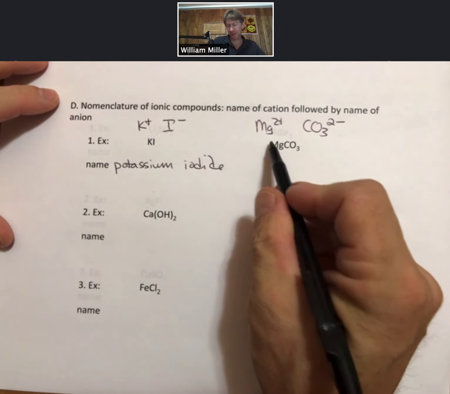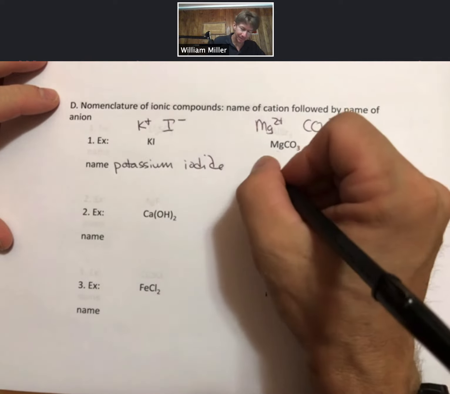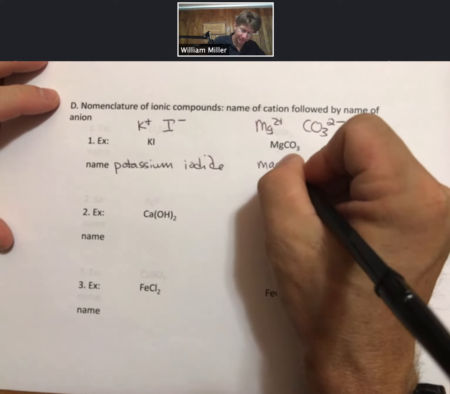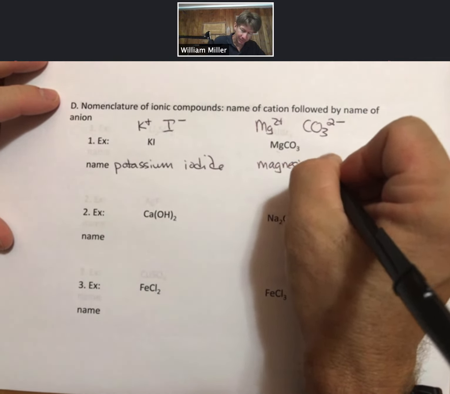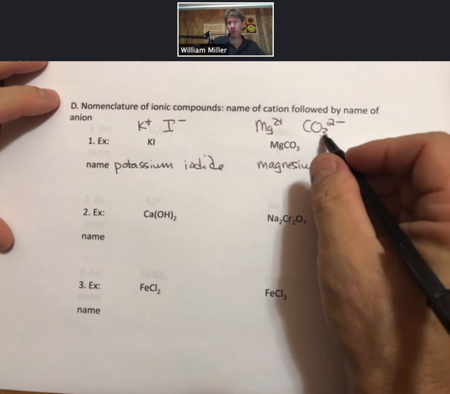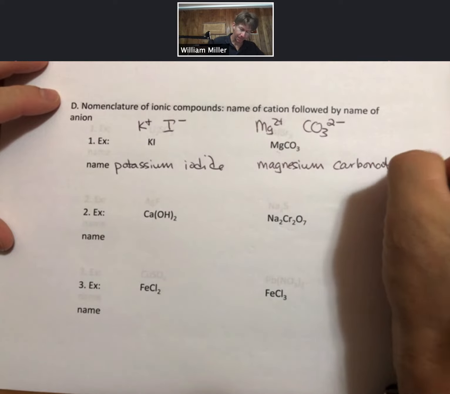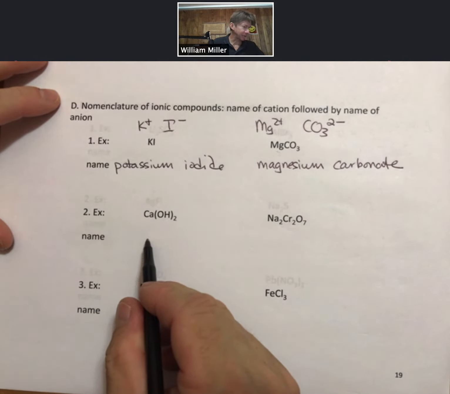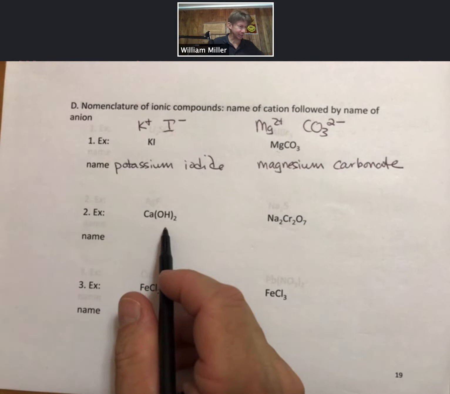Magnesium is a metal. That's going to be the cation. This is the carbonate ion. Here we have calcium hydroxide.